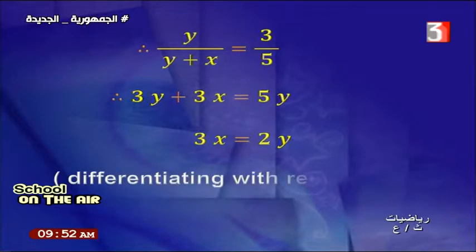Now, by differentiating with respect to the time t, then 3 dx/dt equals 2 dy/dt.